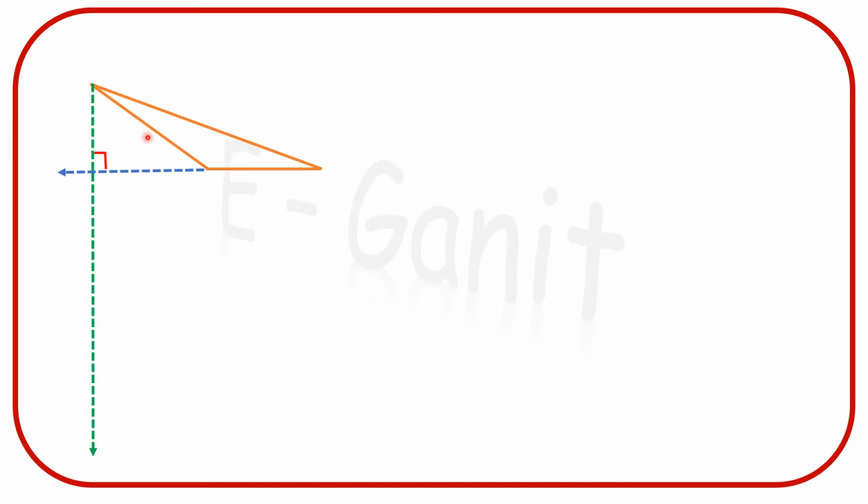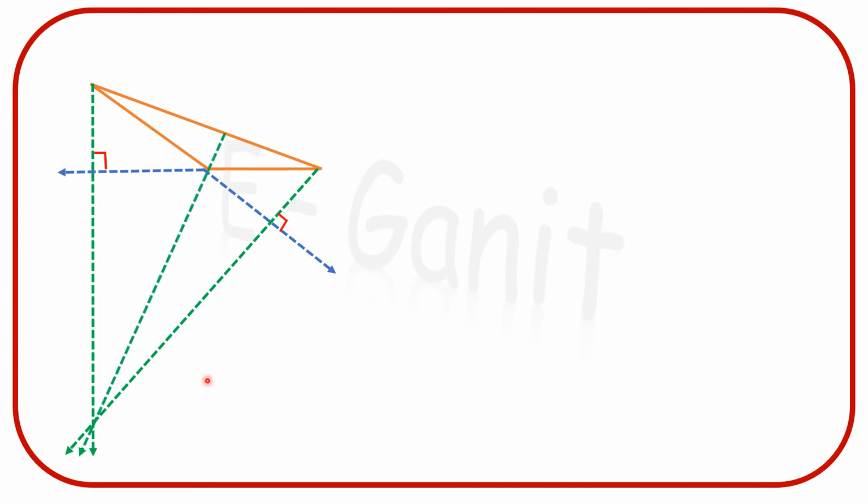For the second side, I produce it and draw a perpendicular from this vertex. When I take this side, then I draw a perpendicular altitude or height from this point.